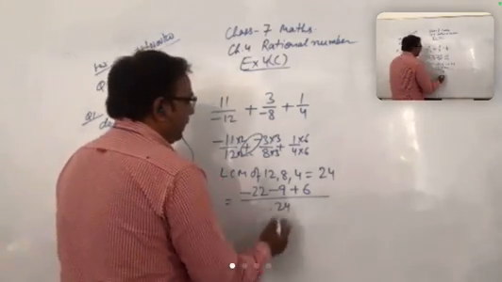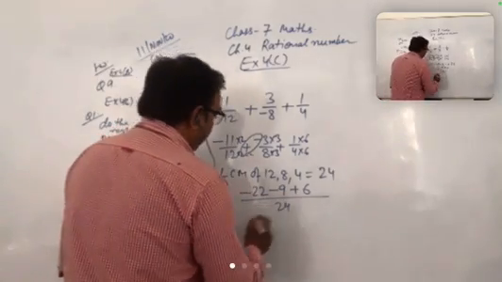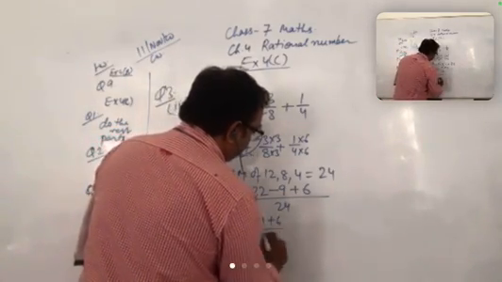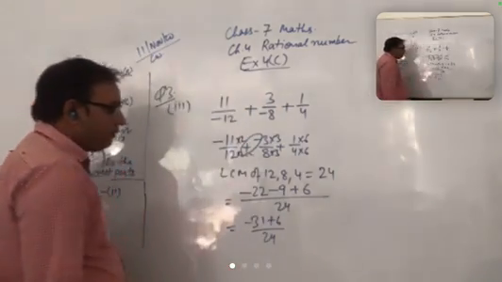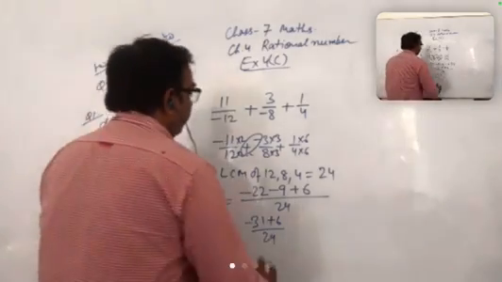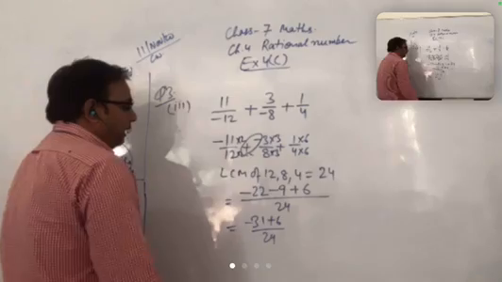Now minus 22 minus 9, minus minus is plus, so 22 plus 9 is 31. Sorry, minus 31. Minus 31 plus 6 upon 24, because 22 is bigger, negative is bigger.